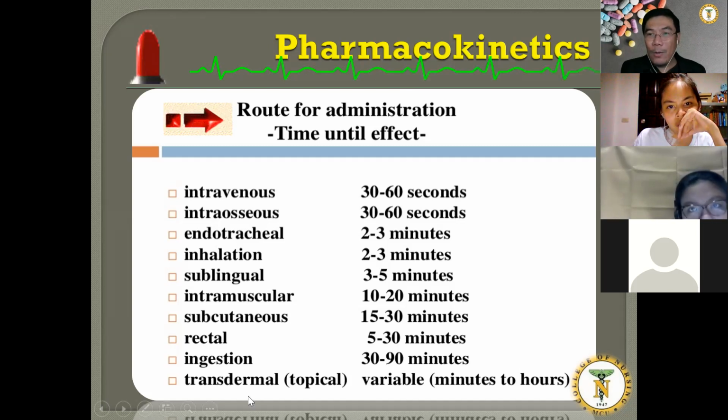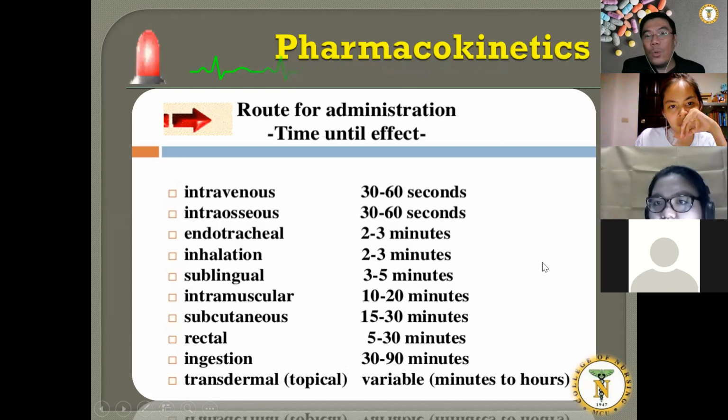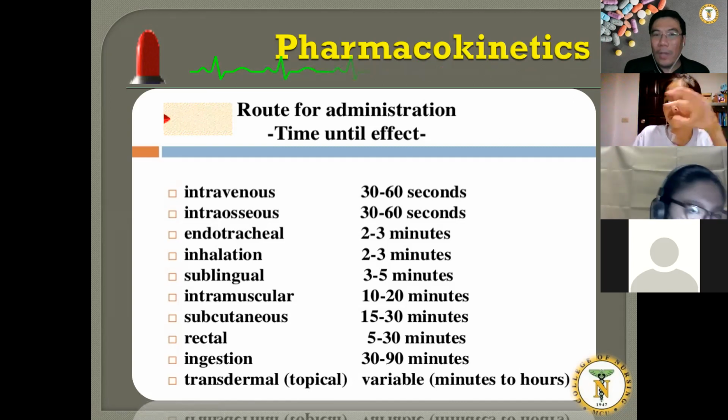For transdermal, which is topical, it may vary depending on the chemical properties of the drug. It may vary from minutes to hours, depending on the preparation of the drug. So class, this is basic information that you will definitely need to master when it comes to time.